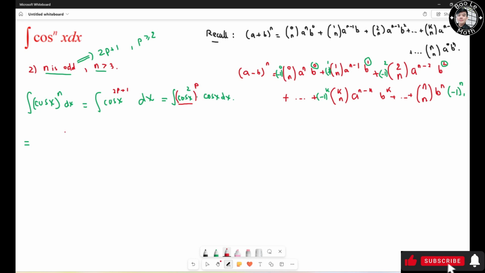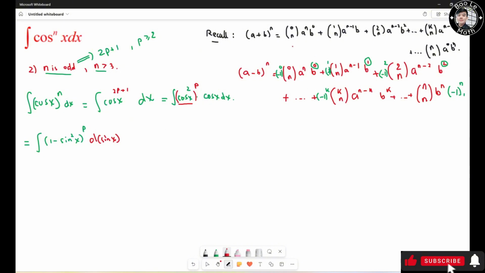So cosine square can be written as 1 minus sine square, so it's going to be the integral of 1 minus sine square of s raised to the p times cosine s ds. But cosine s ds can be written as d sine s, right?